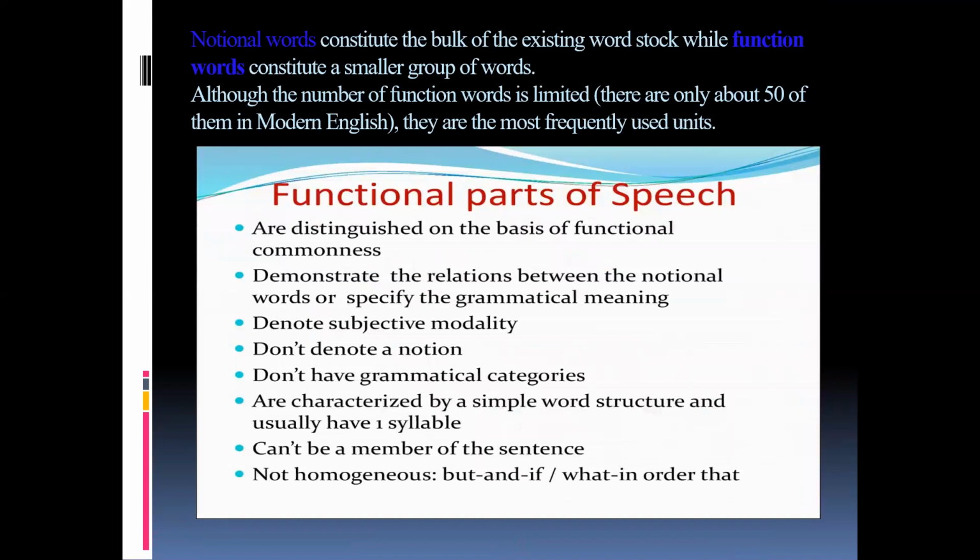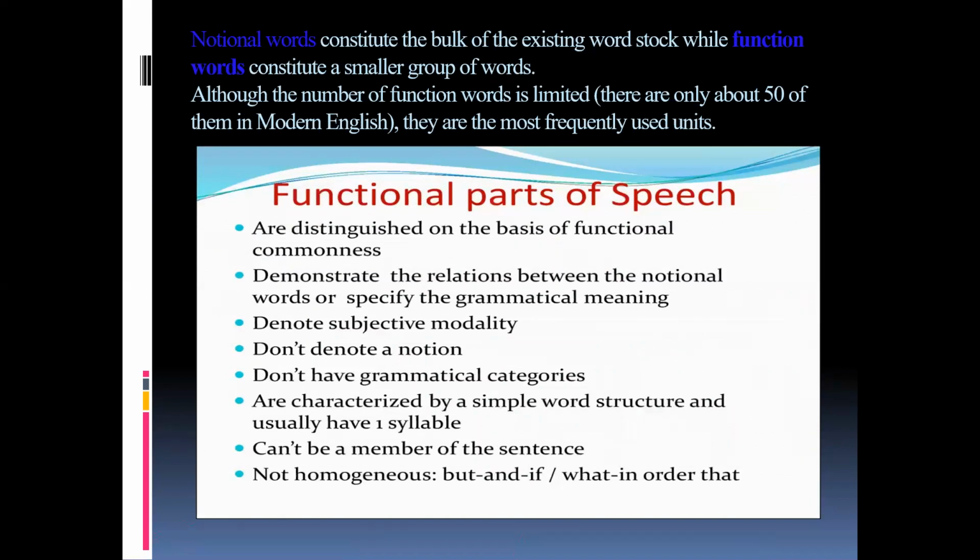Notional words constitute the bulk of the existing word stock, while function words constitute a smaller group of words. Also, the number of function words is limited. There are only about 50 of them in modern English. They are the most frequently used units.